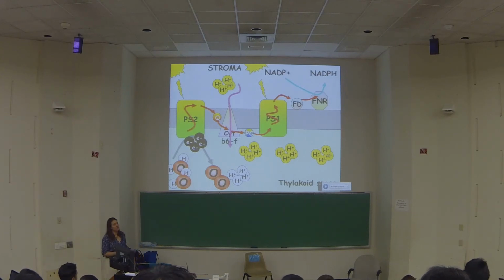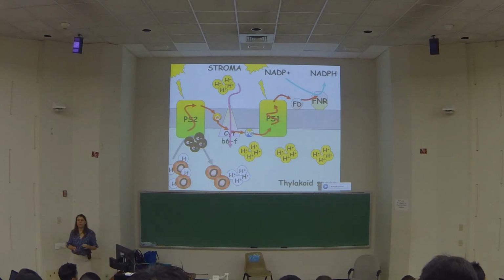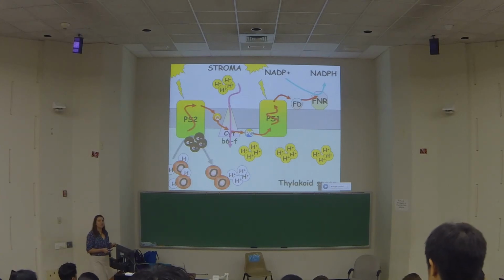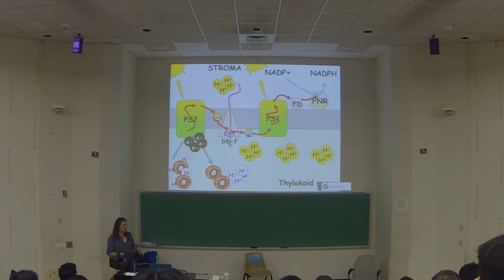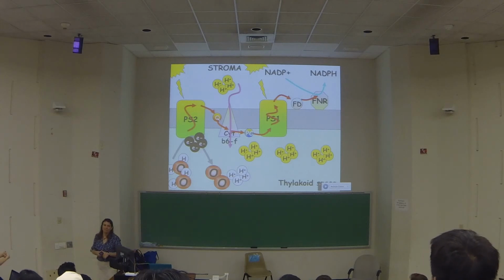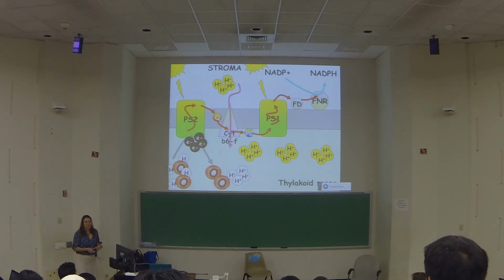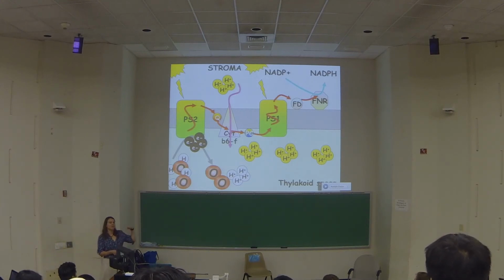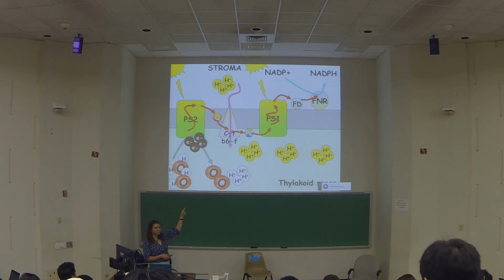So what does that mean if we want to make ATP using this gradient we just set up? What kind of protein complex do we need? What's it called? ATP synthase. Which way are the protons going to move to make that ATP? Out of the thylakoid, so across the membrane from the thylakoid space into the stroma.